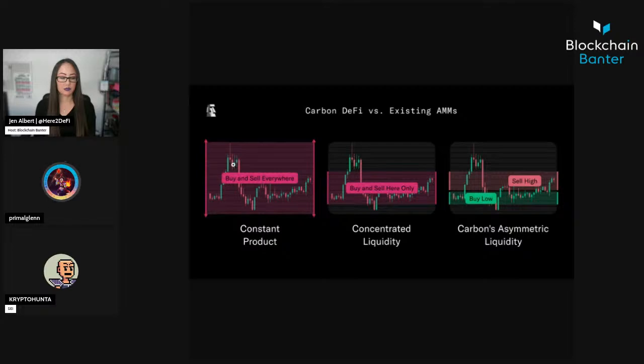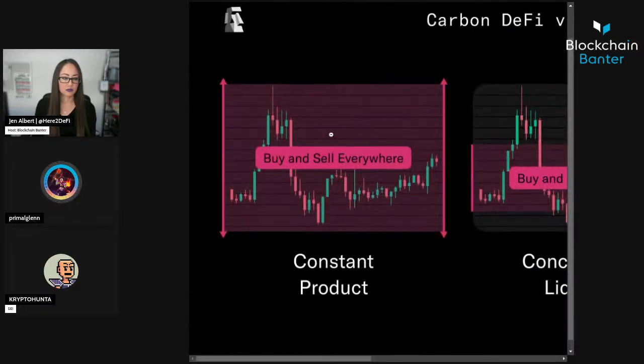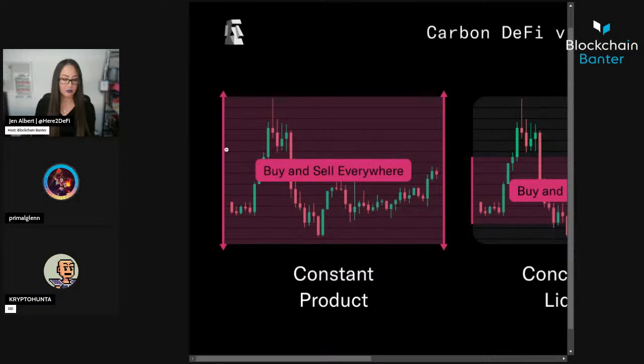What's important here is if you're providing liquidity for this token pair, your liquidity is being provided across the entire price spectrum. If you go all the way down on the y-axis, let's say that's 0, and all the way up, that's some large number, infinity.